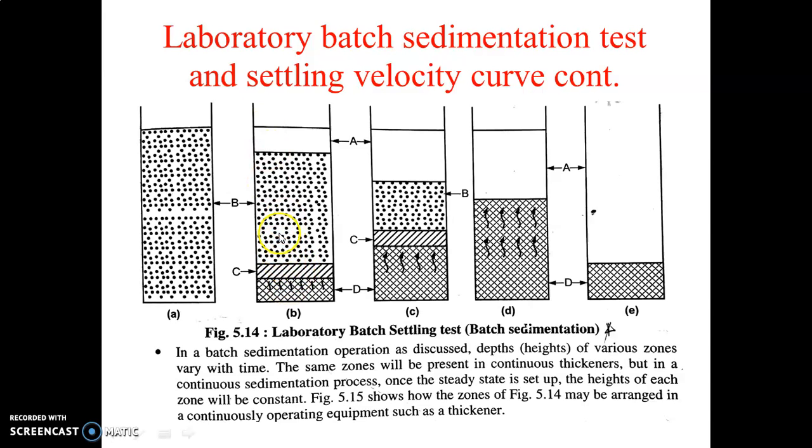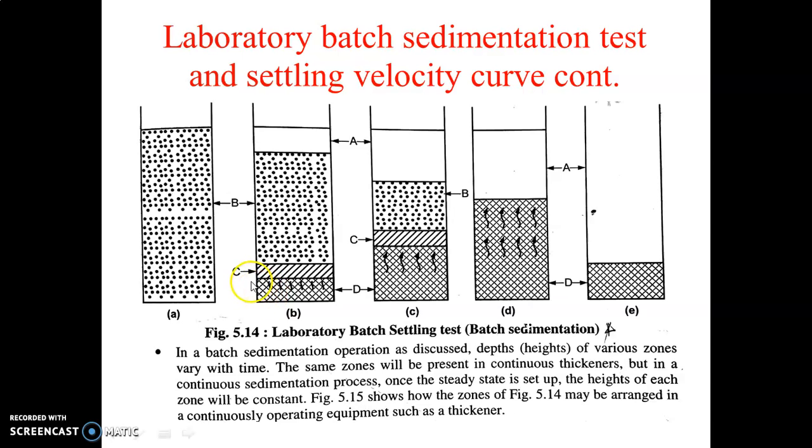So what are these 4 zones? The first zone is known as the D zone, which is the heavier, faster settling particles zone. That means the particles having higher settling velocity settle at the bottom first. So this is called zone D.